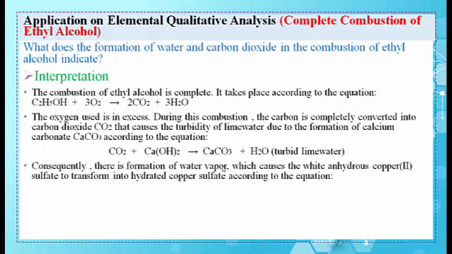Consequently, there is formation of water vapor, which causes the white anhydrous copper-2 sulfate to transform into hydrated copper-2 sulfate according to the equation 5H2O, 5 water molecules, plus CuSO4, which is the anhydrous copper-2 sulfate, gives CuSO4·5H2O, which is the hydrated copper-2 sulfate, which has a blue color, while the anhydrous copper-2 sulfate has a white color.